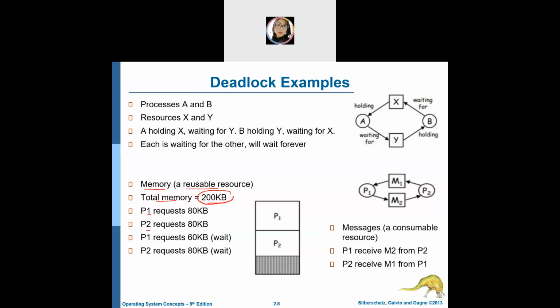First of all, you want to request 80 kilobytes. So this is your process 1. You want to request 80 kilobytes from your memory.